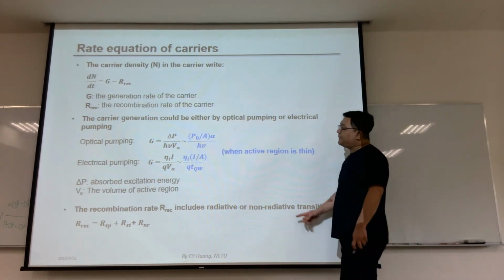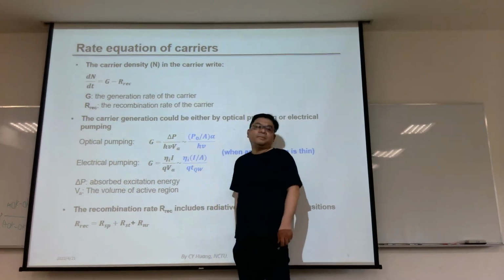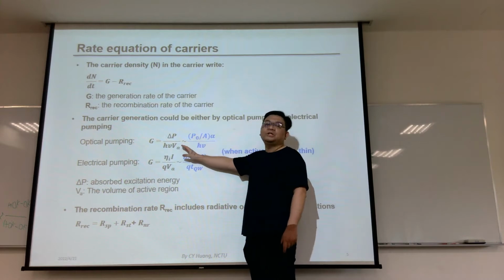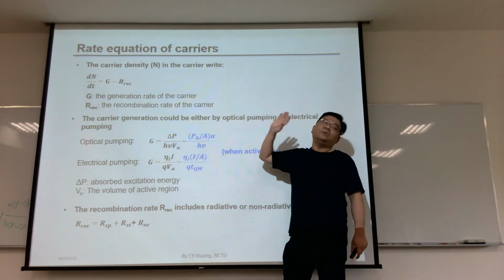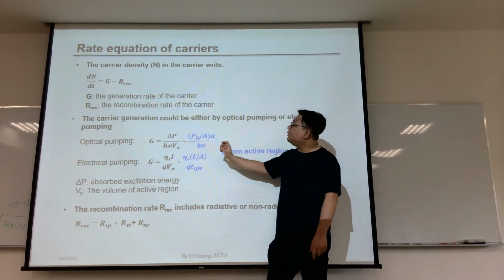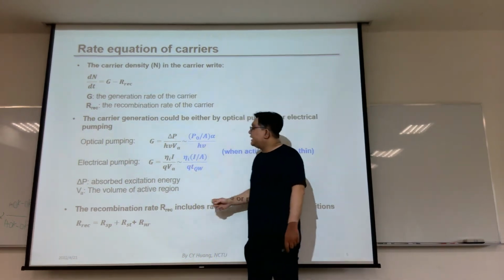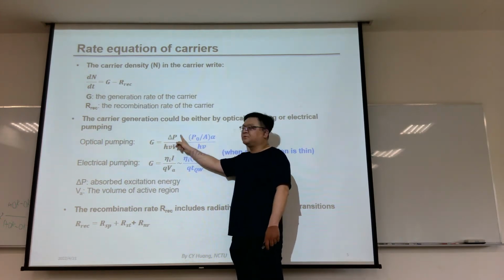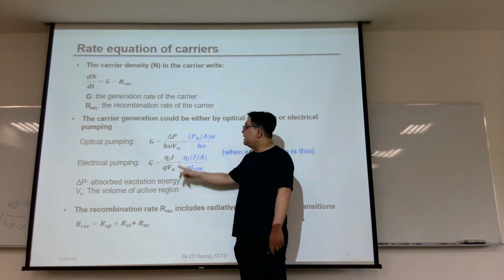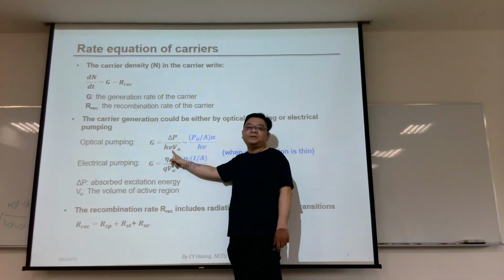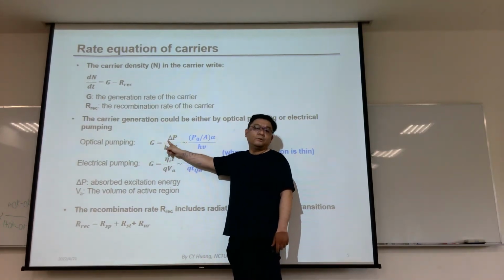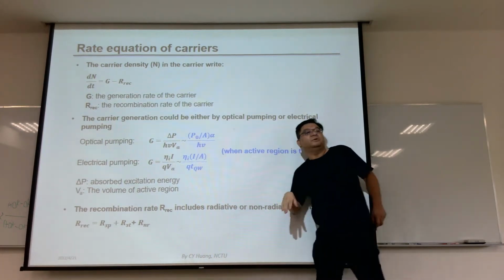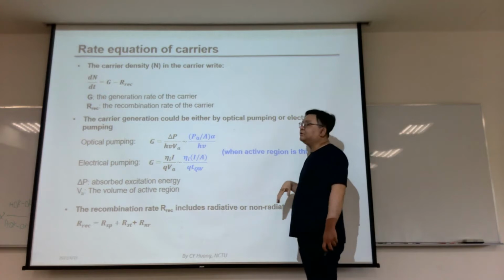It might be optically pumped, because one photon is absorbed by your quantum well. Then it generates one carrier, one electron and one hole. So it's called generation. And its number will be the photon energy absorbed, delta P, divided by h mu, because this is the energy of one photon, then divided by VA, the volume of the active region.